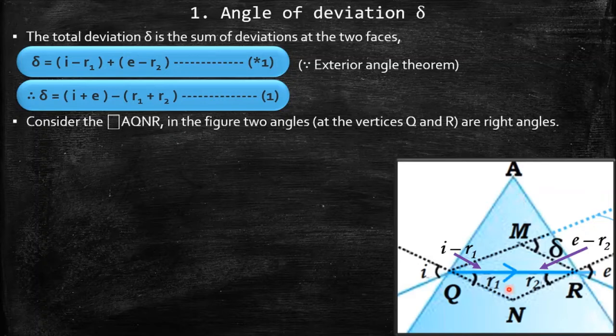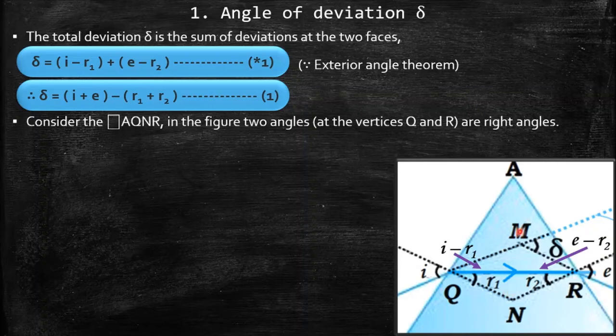What does that make up of angle A and angle N? Do you remember that the sum of all the angles of a quadrilateral is 360? Yes. So because I am certain that one angle is 90 and the other is 90, that makes up the sum of two angles as 180, which certainly makes up for the fact that the angle A plus angle N should be equal to 180, right?